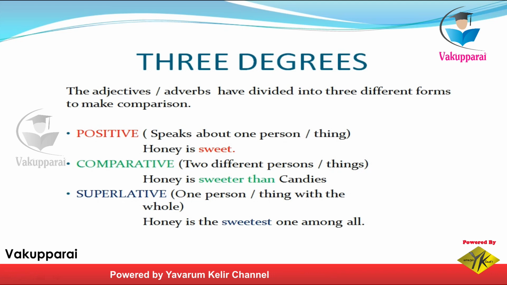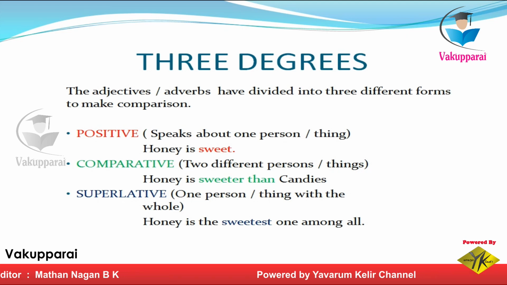Then comparative degree speaks about 2 different persons or things. So here I compare 2 things. I compare honey with candies, according to the quality of sweet. Honey is sweeter than candies. When comparing honey with candies, honey is sweeter than candy.